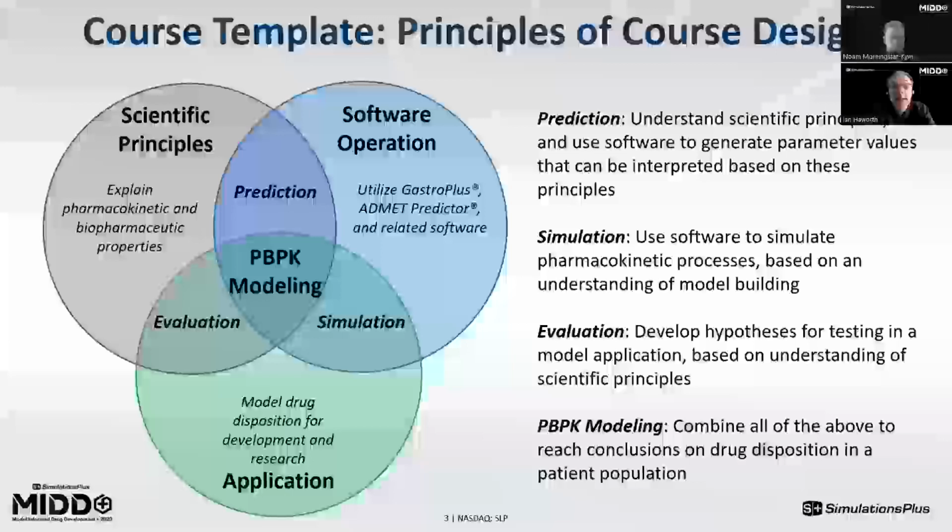And that takes us back to the scientific principles, because in order to evaluate those hypotheses, it's necessary for the student to understand those principles, both in developing the hypotheses and in understanding the outcomes of the model.